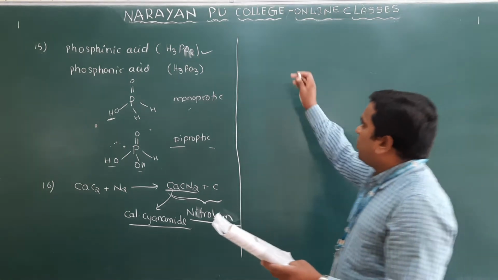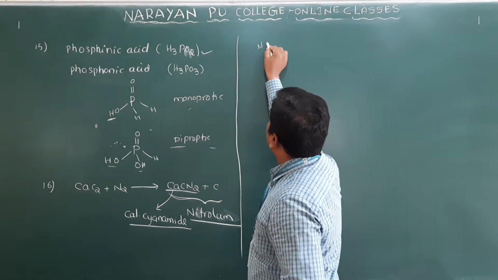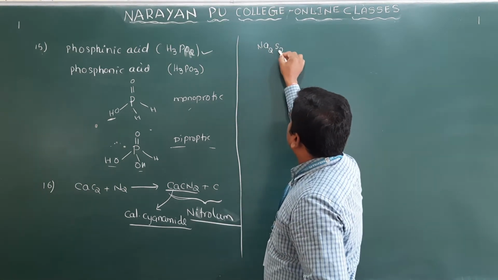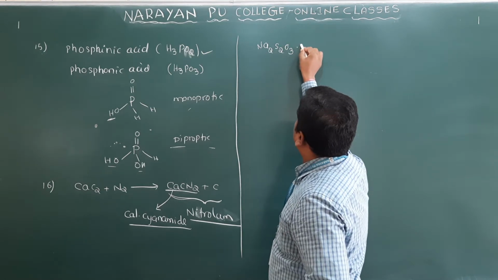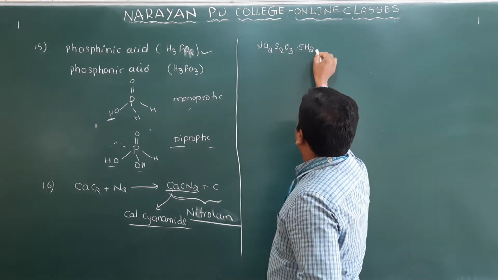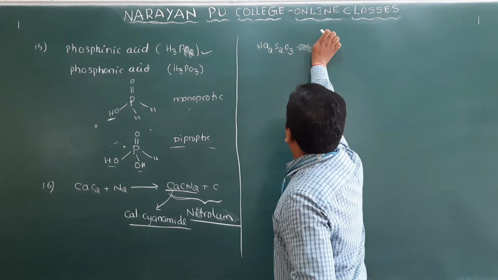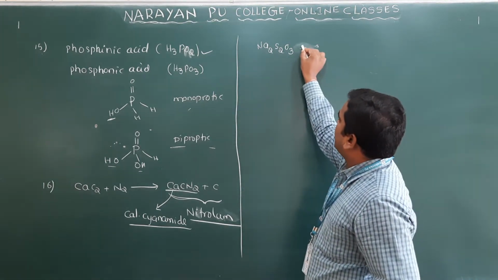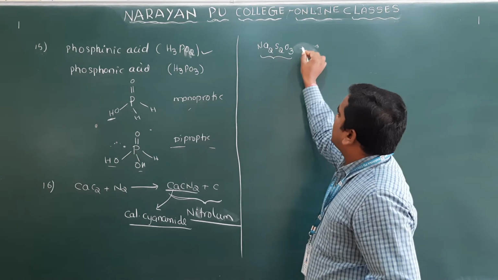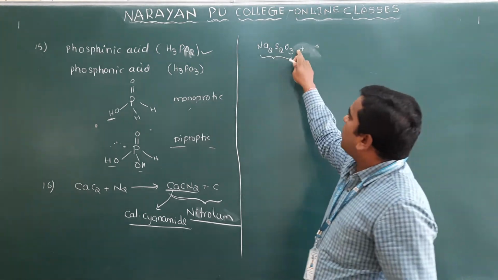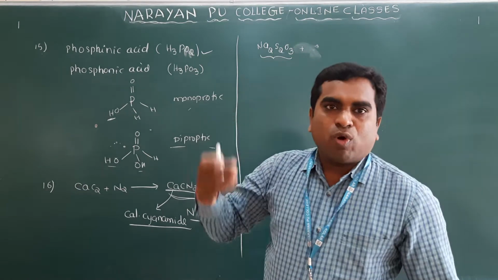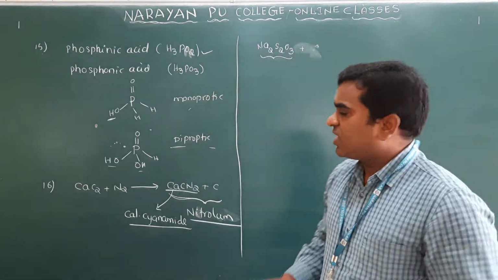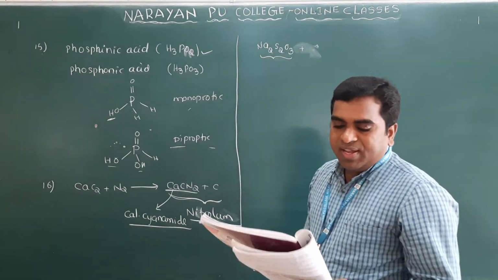So what is hypo? Hypo is Na2S2O3.5H2O. Here we will directly write it like this. Hypo has 5 water molecules, which will be released if you heat it.